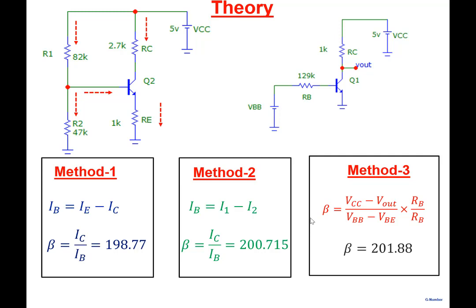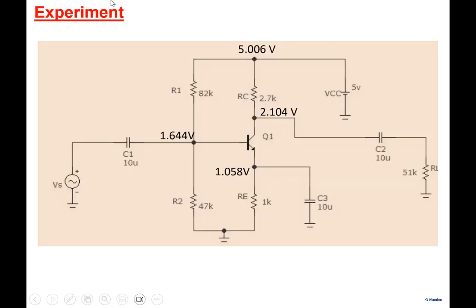Now get into the lab and apply each of those methods and see what happens. In the experiment, a transistor BC547 was taken and this circuit was built. Don't worry about these AC sources; we are not talking about AC here, no AC was applied. Note the value here is 1.644.